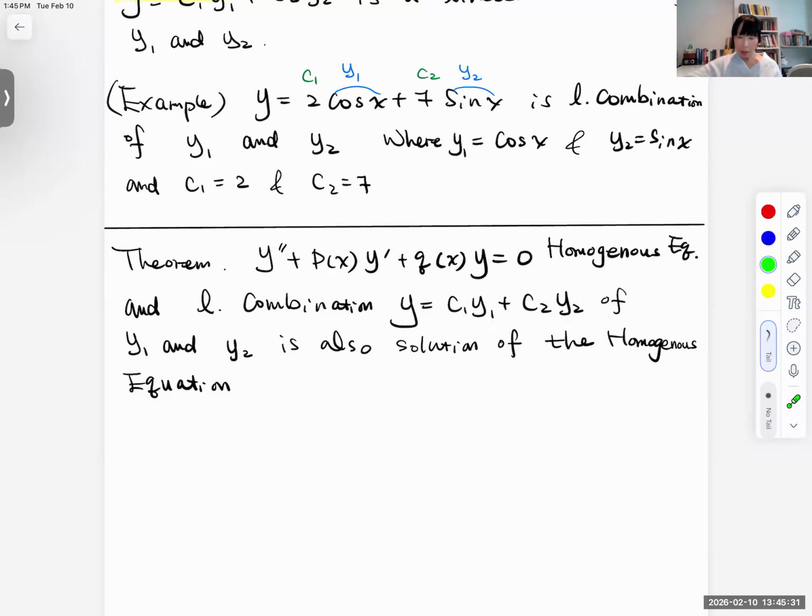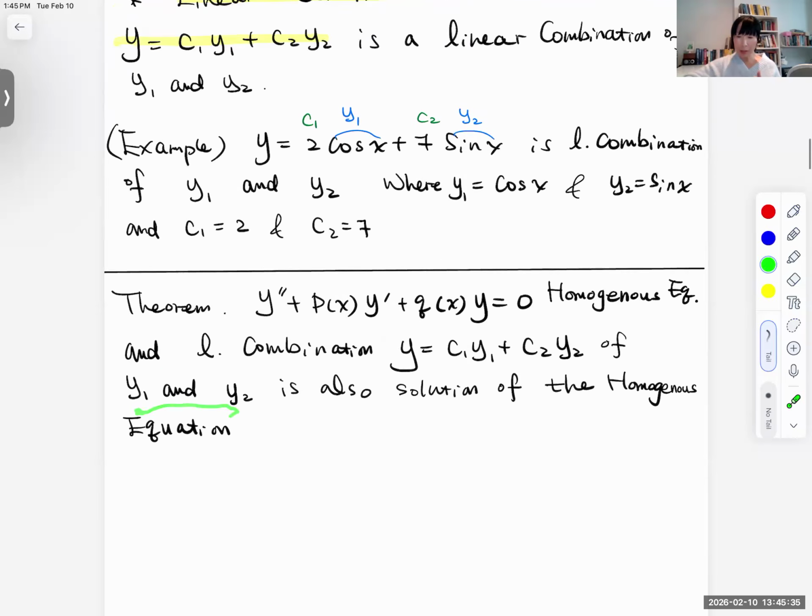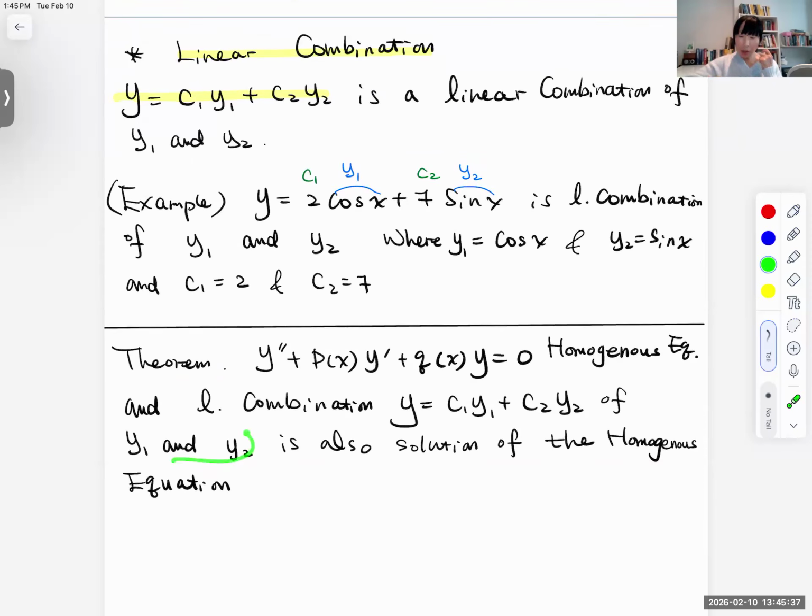We said that if y sub 1 and y sub 2 are solutions, then the linear combination of y sub 1, y sub 2, right? Then we say that it is also a solution of the homogeneous equation. Okay, let me prove this theorem.